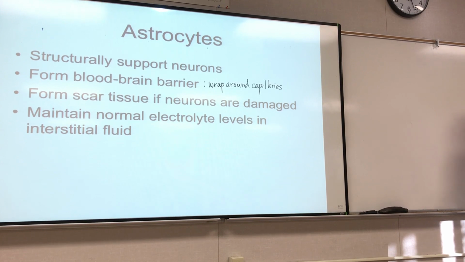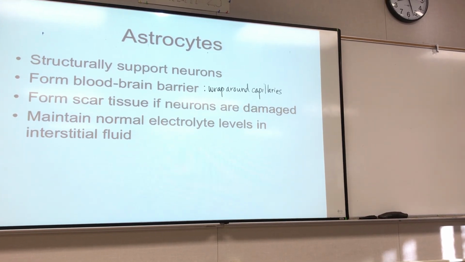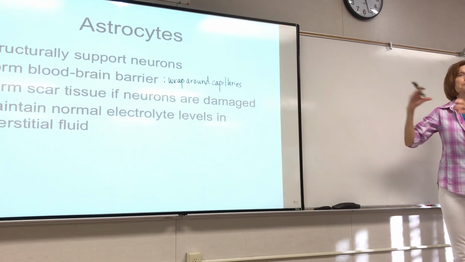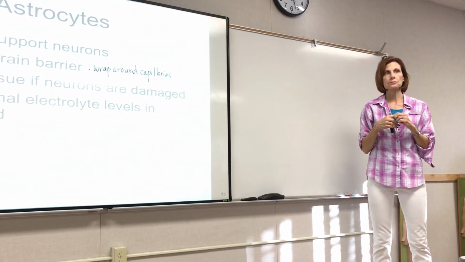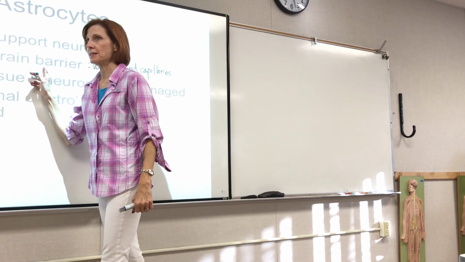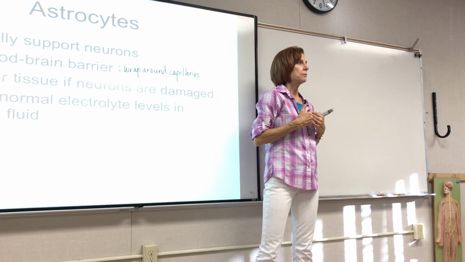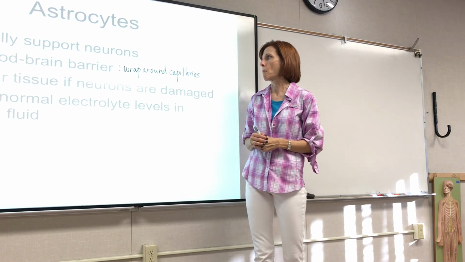So if we have some kind of sudden change in the blood chemistry, like say a toxin has gotten into the blood, this will hopefully prevent it from getting into the brain, which could be fatal very quickly. But this does also limit a lot of medications from being used in the central nervous system, because some medications can't cross over the blood-brain barrier.